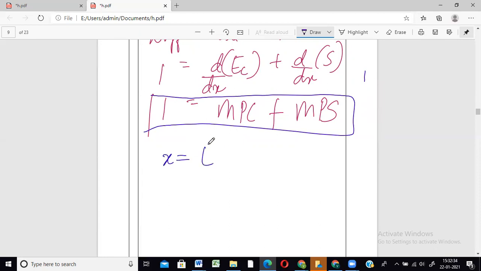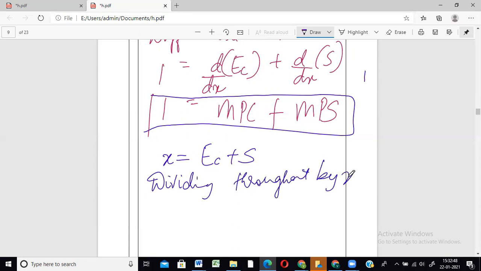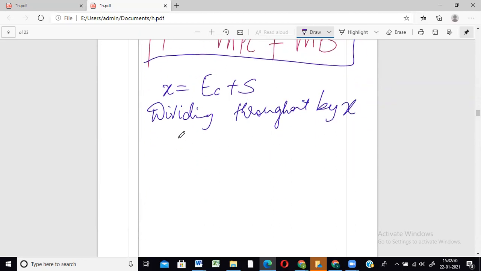Again the same thing. Income is expenditure plus saving. Now instead of derivating, I am dividing throughout by x. So what do we get after dividing throughout by x? X by x is nothing but 1. So we get EC by x plus S by x. What is EC by x? Expenditure by x.